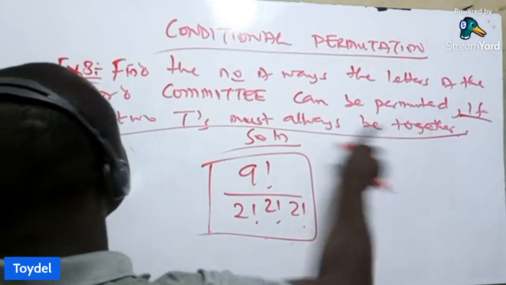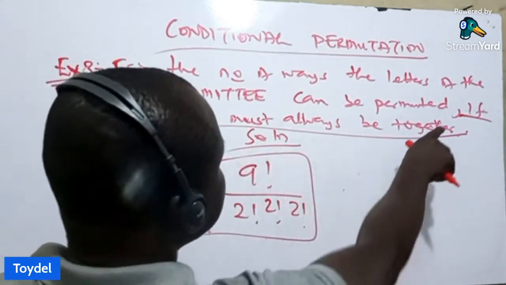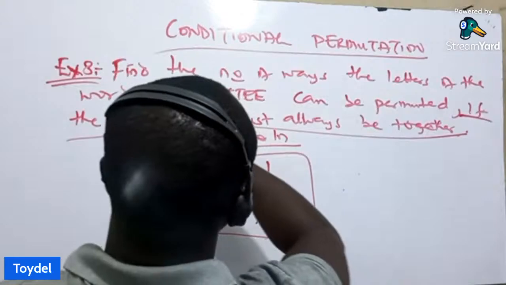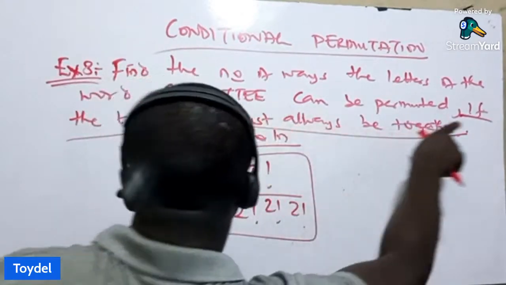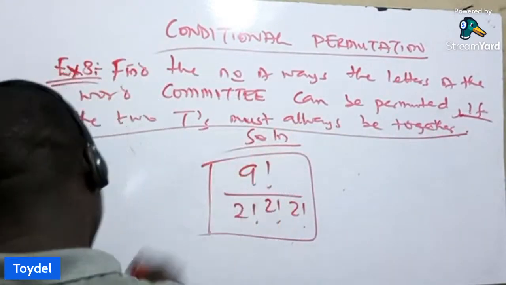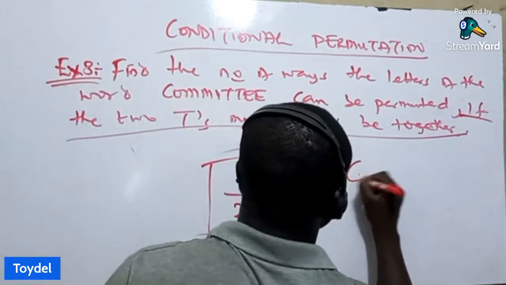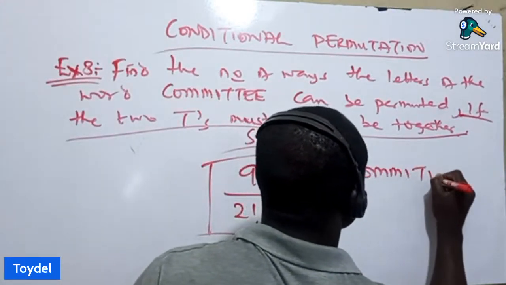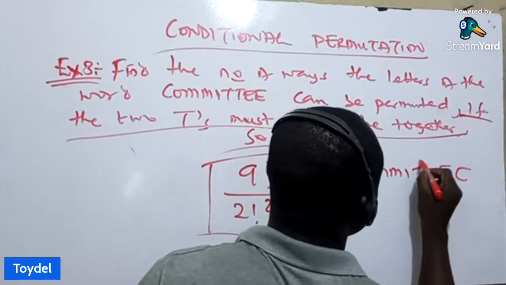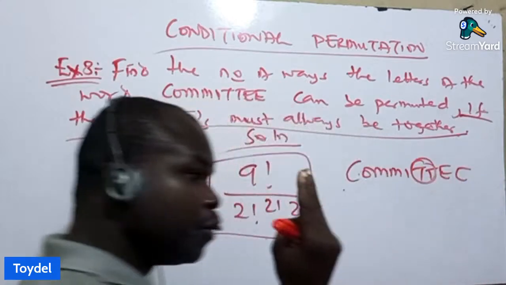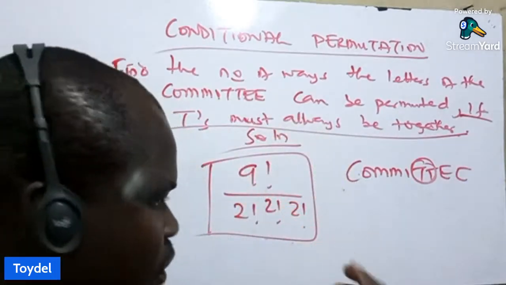But because this restriction has been placed there, that we should find the number of ways the letters of this word can be permuted if the 2 T's must be together, that's a serious condition. That simply means that from the word committee, these 2 T's must be together. We are going to view the 2 T's as one because we can't separate the two.